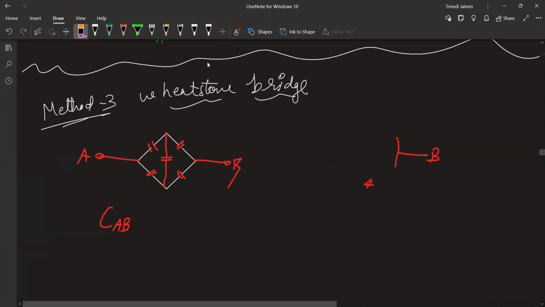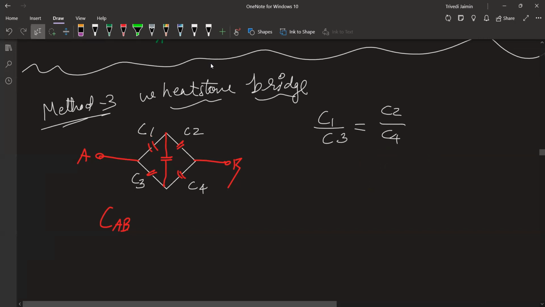So in that, let's name it C1 here, then C2 here, C3 here, then let's take C4 here. Okay, C1 by C3 is equal to C2 by C4.